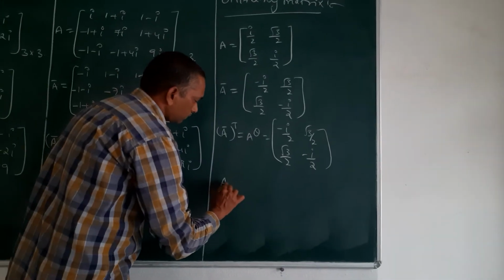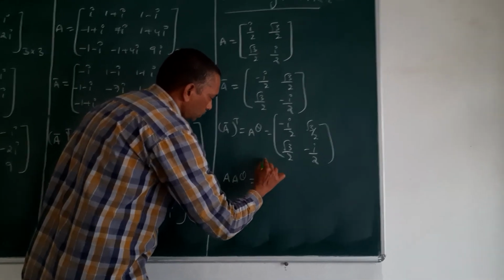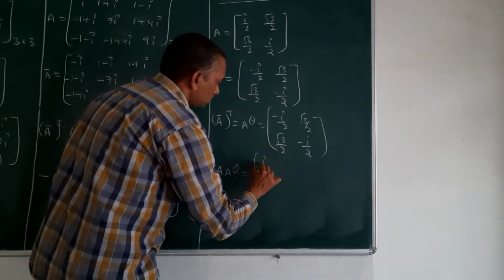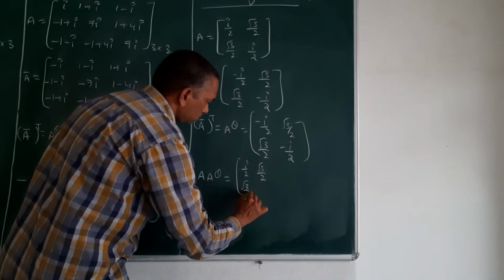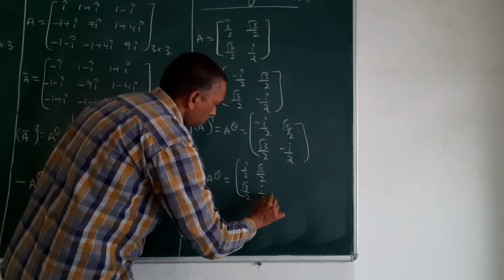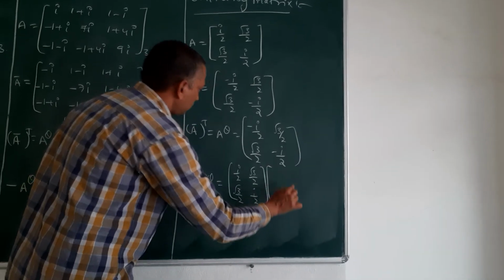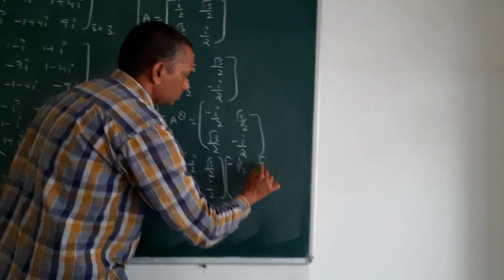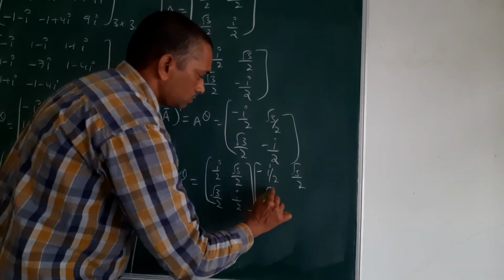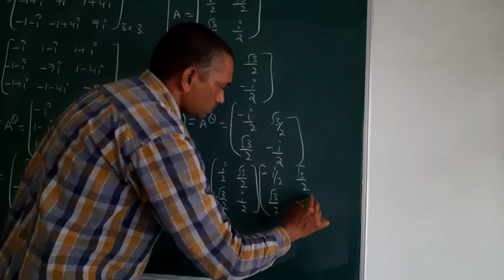A into A to the power of theta equal to, for what is here, i by 2, root 3 by 2; root 3 by 2, i by 2, into A to the power of theta equal to minus i by 2, root 3 by 2; root 3 by 2, minus i by 2.